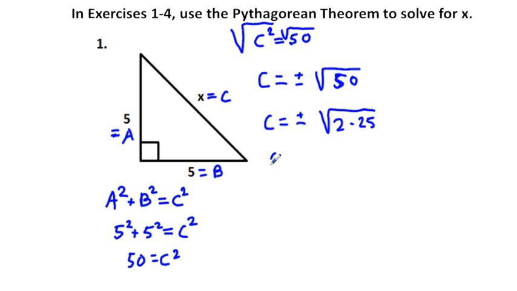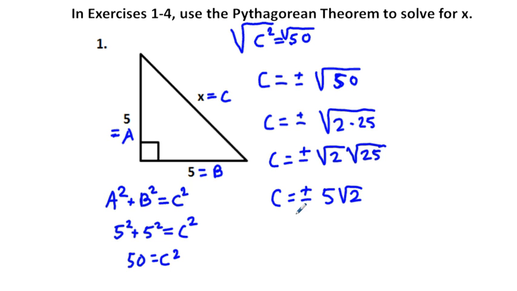Well, we'll rewrite this as c is equal to plus or minus the square root of 2 times the square root of 25. And what is the square root of 25? Well, the square root of 25 is 5. So we'll say c is equal to plus or minus 5 times the square root of 2.